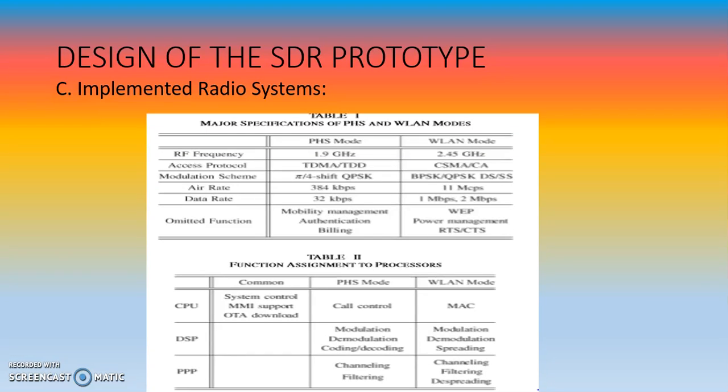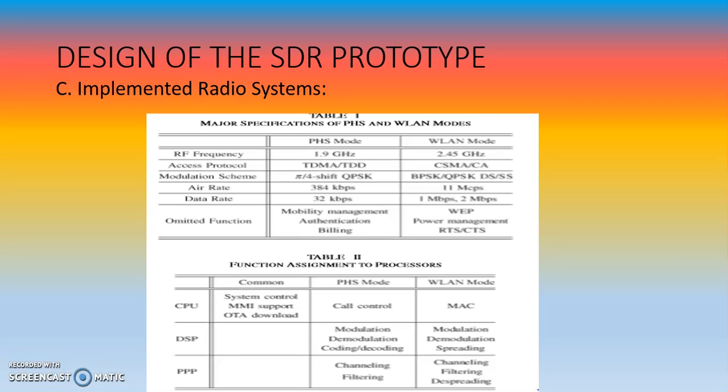Coming to the modulation scheme, PHS mode uses pi/4 shift QPSK, but wireless goes with DBPSK or DQPSK. The data rate is 32 and 384 in PHS, but in wireless it's 11 Mcps and 1 Mbps. The main function in PHS mode is mobility management and authentication. Coming to wireless, here it is power management.